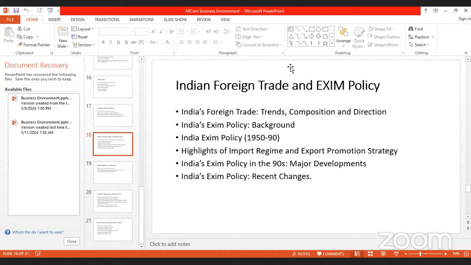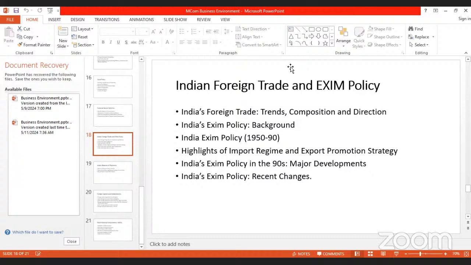Next was increase in trade volume. So, a substantial increase in the total volume of trade, both in terms of value as well as physical quantity. So, that is the concept of increase in trade volume. Now, the next trend under this foreign trade was trade deficits.